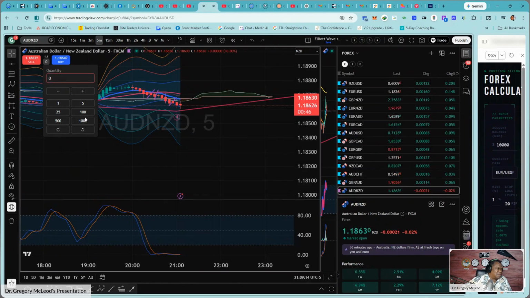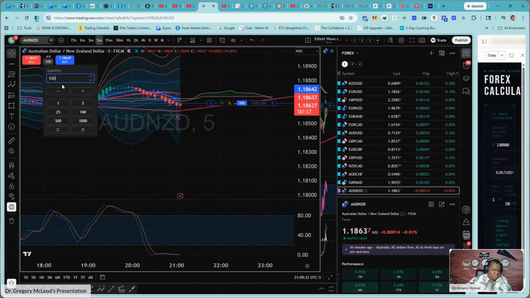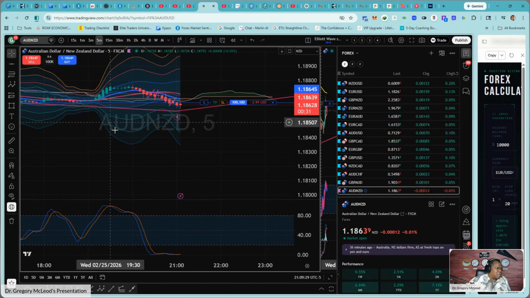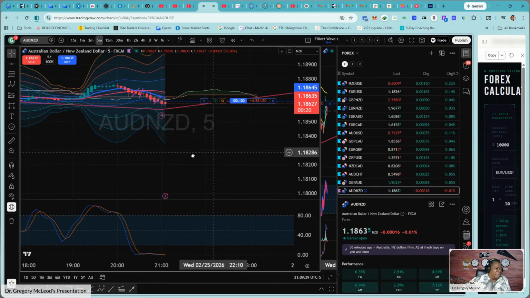There we go. So you put 1 on. Oh, not that, that's way too small. Okay, right. So you put 1 on. If it goes a little bit lower to the next band, each band you add on, right? And when it snaps back, well, then you can close them all out, right?